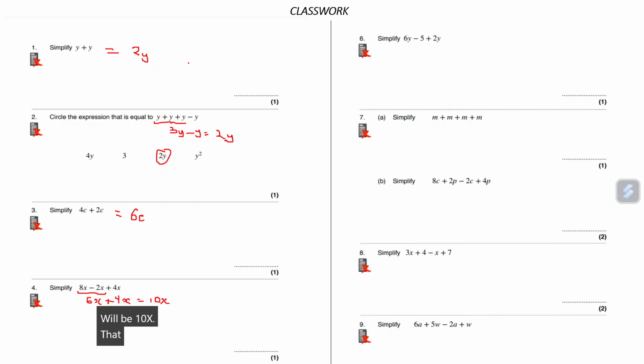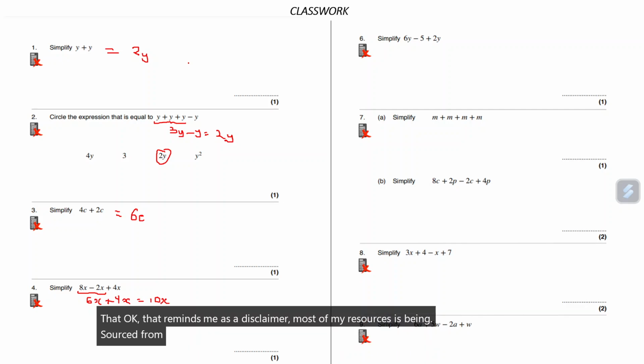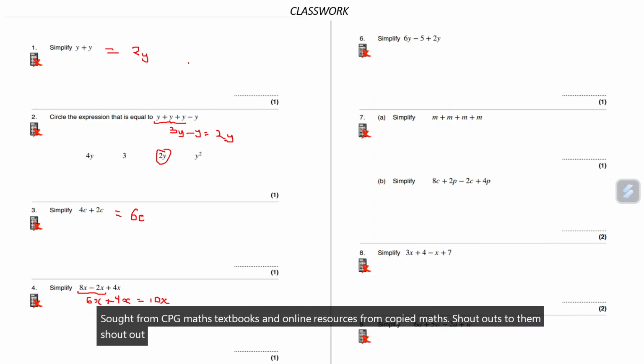So that reminds me, as a disclaimer, most of my resources are sourced from CPG maths textbooks and online resources from Kobe Maths. Shout out to them for using their resources online.